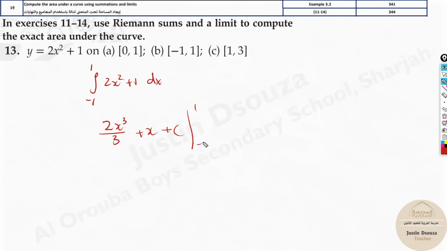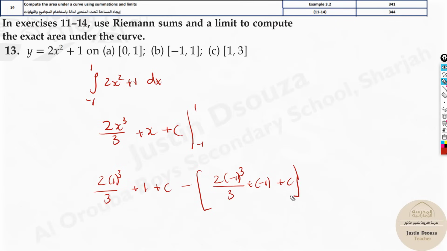Now apply the limits. It will be 2 into 1 cubed by 3 plus 1 plus c, minus 2 times minus 1 the whole cube by 3, again plus minus 1 plus c.